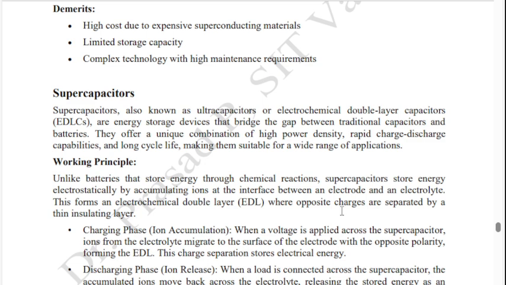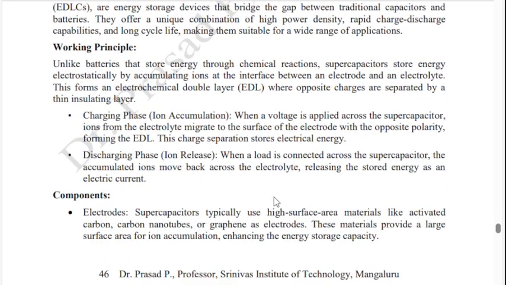And when an electrode has a negative charge, the positively charged ions will go to that side and settle or be stored. That concept is used, and it makes two layers, one layer with negative ions, another layer with positive ions. Therefore it becomes an electrochemical double layer, with opposite charges.